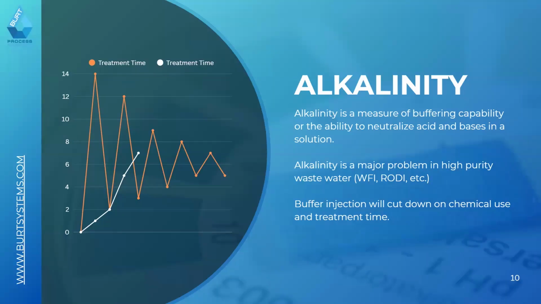But also by using any kind of organic acid, things like citric acid as part of your waste stream, you're also adding COD to your waste. So you're basically increasing the chemical oxygen demand, which might cause other issues with your regulatory compliance.